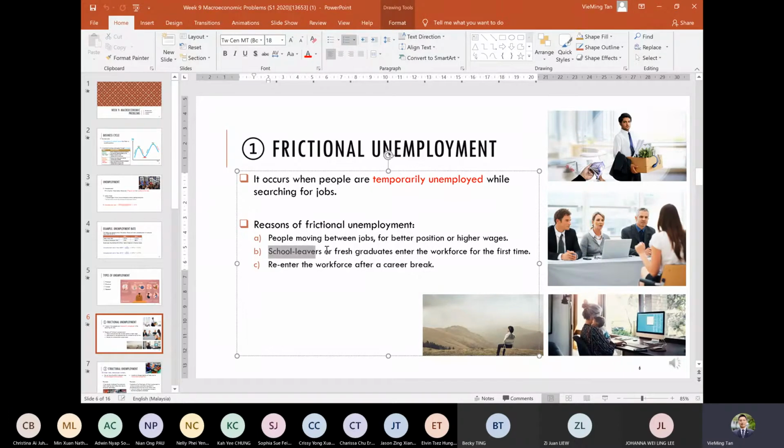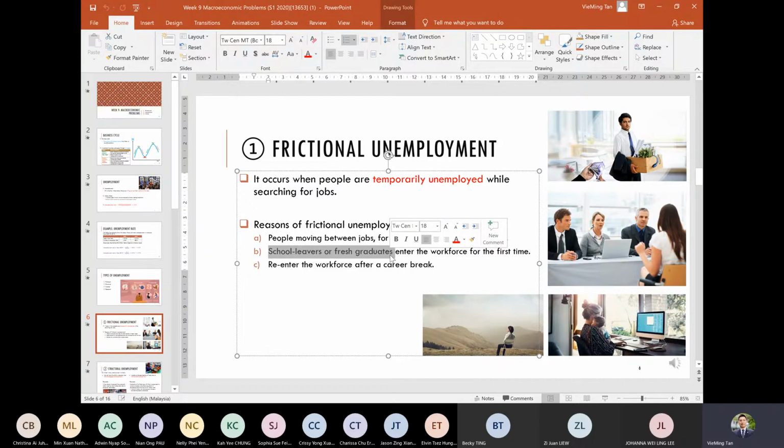Another type of frictional unemployment will be the fresh graduates who just completed their study and are starting to look for a job. The period they are looking for a job is considered as frictional unemployed. Let's say a student just completed the study in November, then looked for a job, but only managed to get a job in January of the coming year.